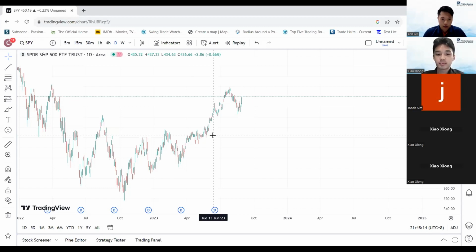Maybe to give you an explanation, one possibility as to why, even though interest rate is increasing, the market is moving upwards, is because our job data is actually still pretty strong. That's one. And two is that the Fed is forecasting a terminal rate for interest rate at 5.6 for this year.